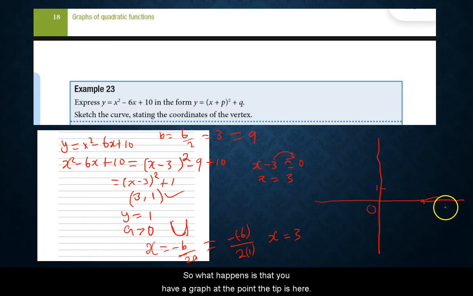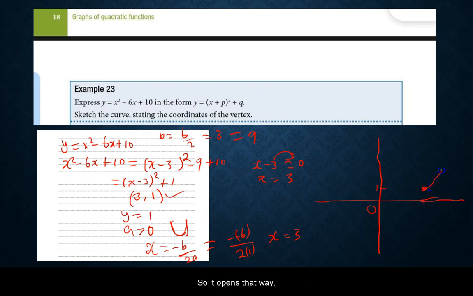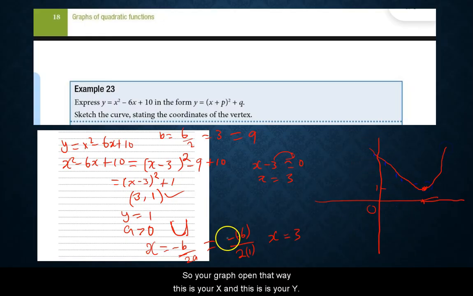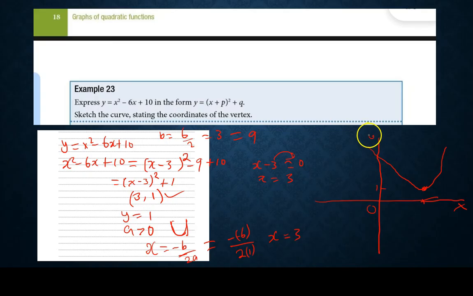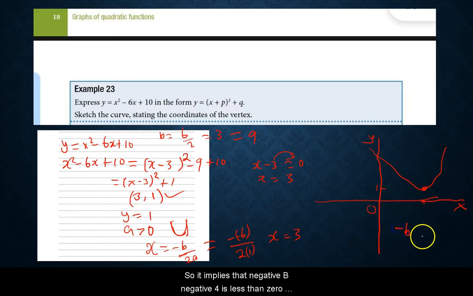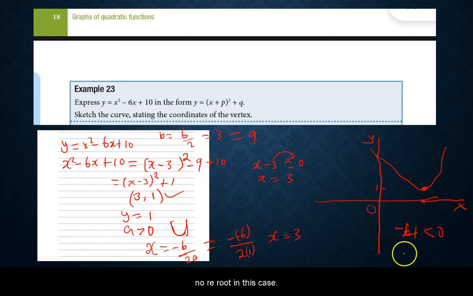So the tip of the graph is here, and it opens that way. This is your x and this is your y. So it implies that negative 4 is less than 0, no real root in this case. And this is how we will handle this equation that involves the discriminant.